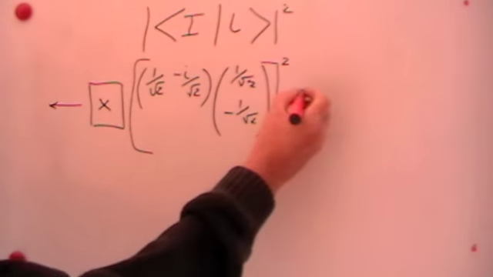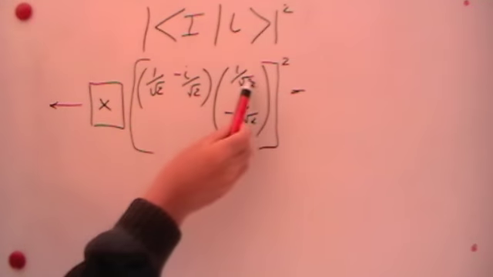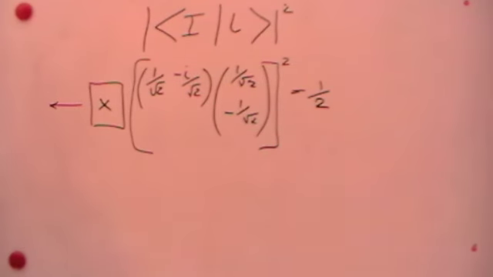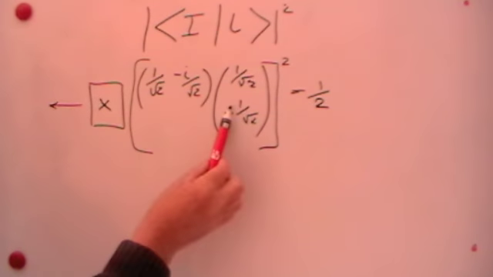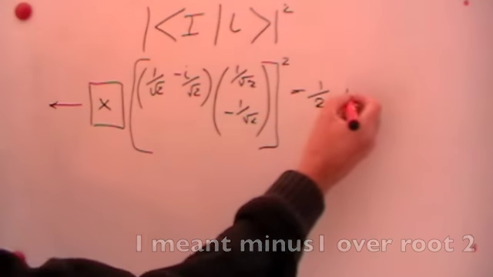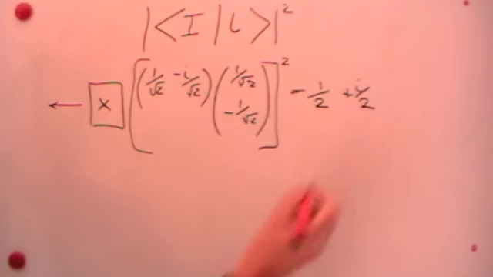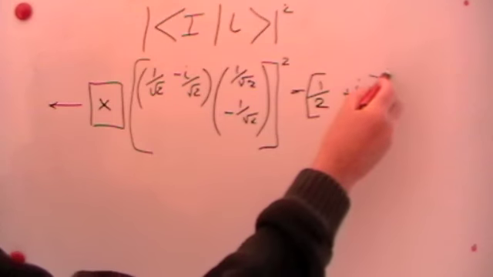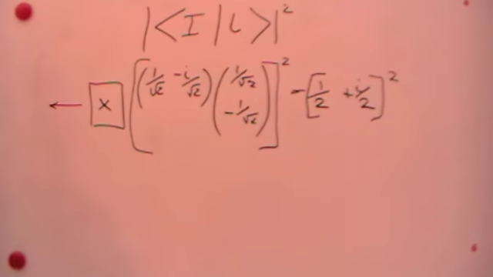Well, what is that going to come to? You've got 1 over root 2 times 1 over root 2 is a half. And then you've got minus i over root 2 times minus i over root 2, which is going to be plus i over 2. And now we've got to square that. Or, I'll say it again, you have to multiply it by its complex conjugate.